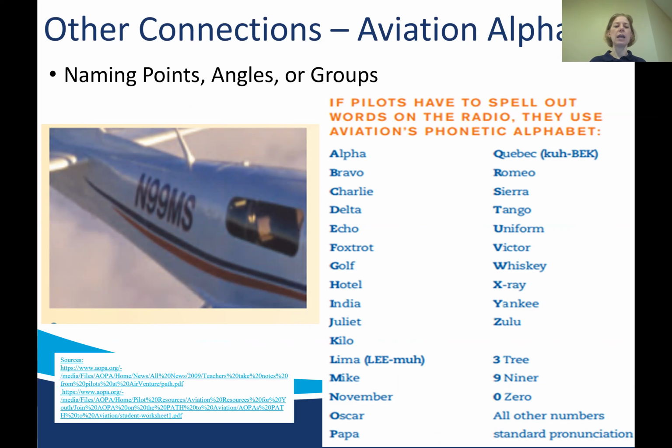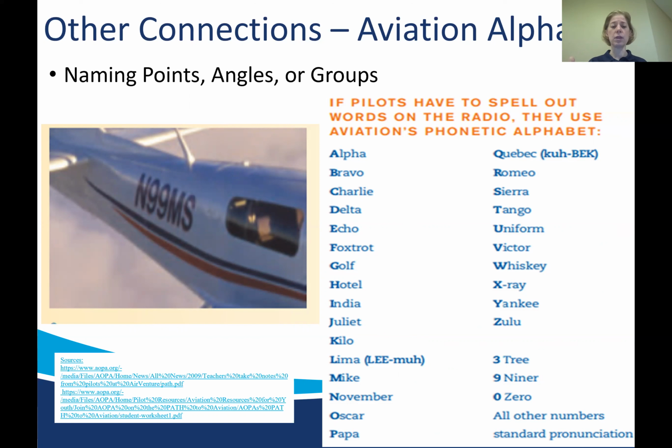So if you have an angle Alpha, Bravo, Charlie, or if you have groups, you assign groups. In my classroom, I always had letters of groups on the ceiling. And so I have Group A, or Squadron Alpha, Alpha, Bravo, Charlie, Delta, Echo, Foxtrot.